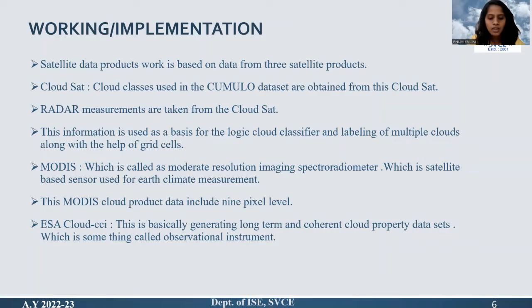This provides a 1354 by 2030 kilometer square pixel cover. Next, ESA Cloud CCI. This is basically generating a long-term and coherent cloud property dataset, where coherent means logical and consistent, from observational instruments.